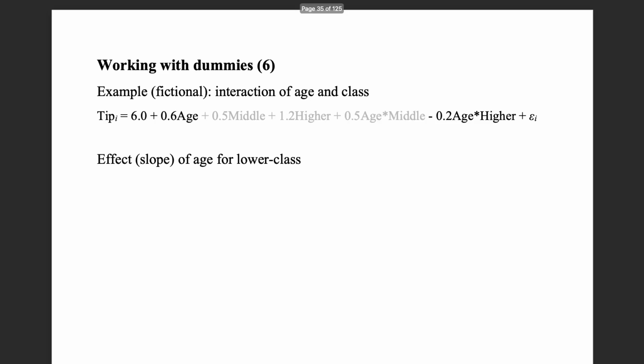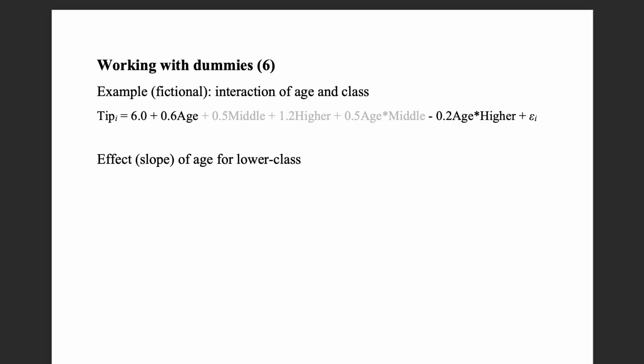The lower class people are also not middle class people, so the interaction term of middle class with age would also work out to 0. Why? Because the middle class dummy would take the value 0 for these cases. So you would get 0.5 times age times 0. Multiply something by 0, you get 0.